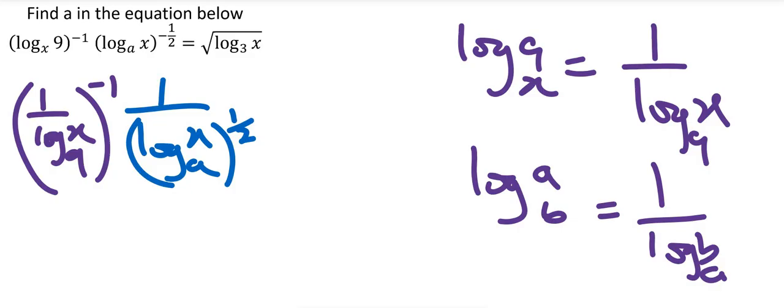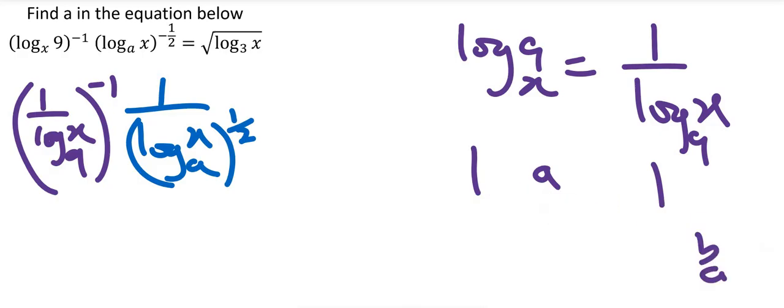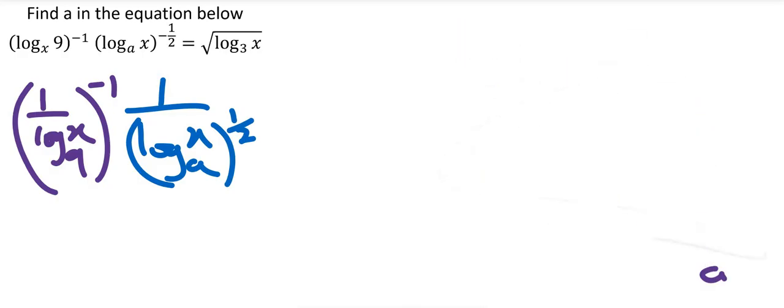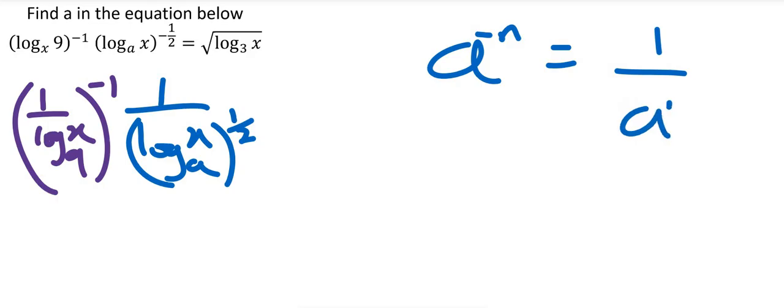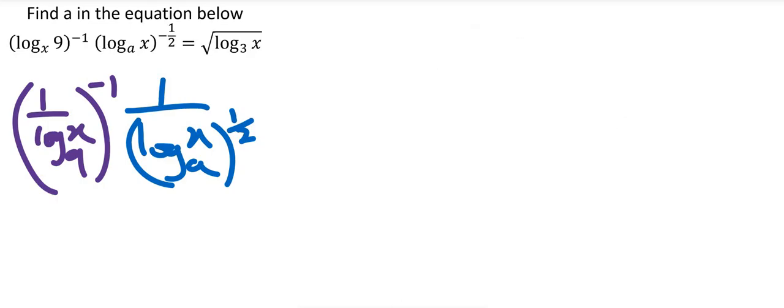What I've done is to change the negative power to a positive power, and that is another law of logarithm that says if you have a to the power of minus n, this represents 1 over a to the power of n, the negative power law. The right hand side can be left alone. I can still leave this as log x base 3.